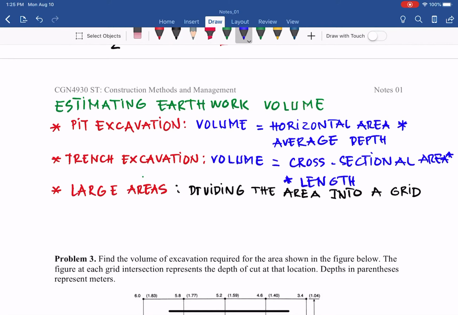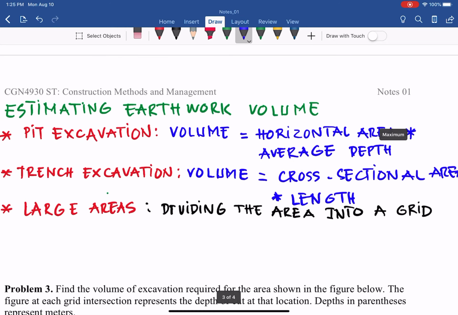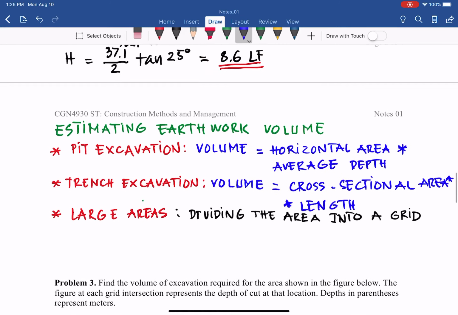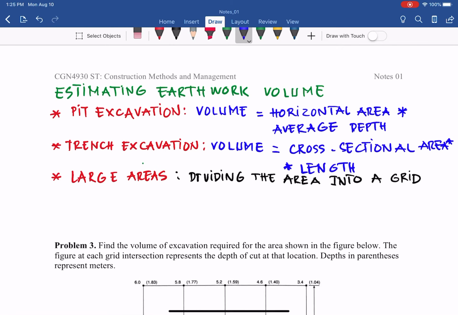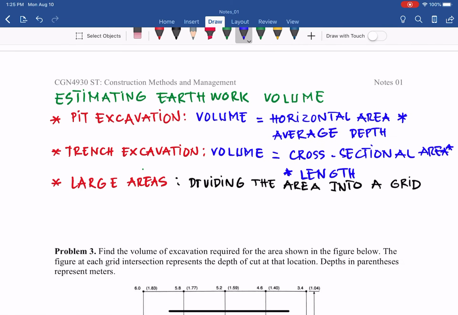Basically it is pit excavation, but how do we determine the depth of the excavation cut, or the height of the excavation? So how can I determine the average depth in this case?